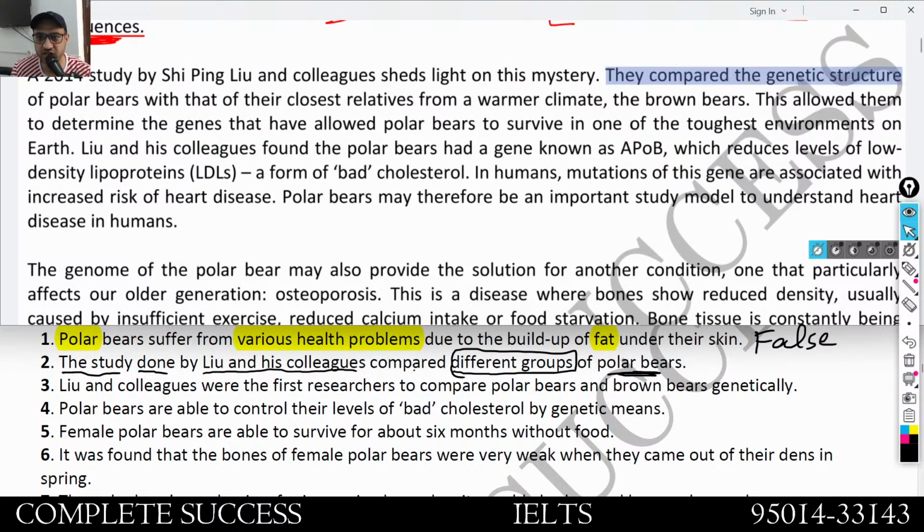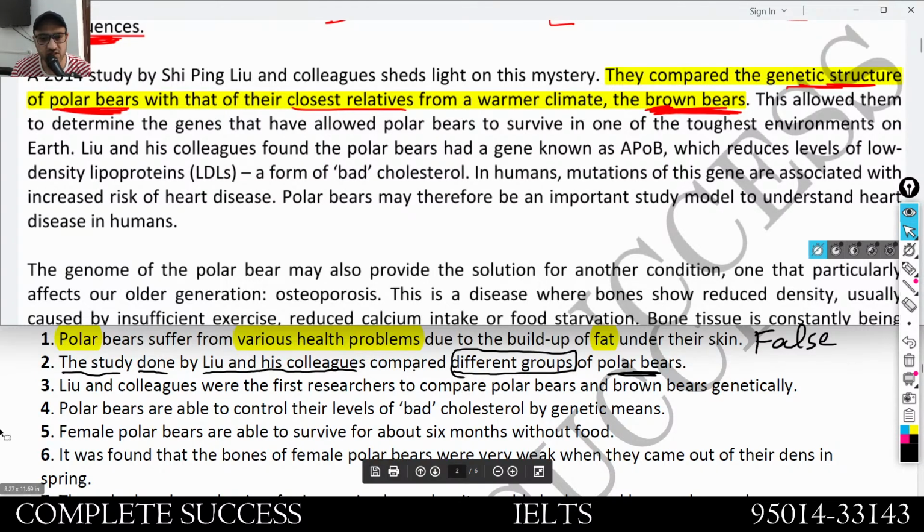They compared the genetic structure of polar bears with that of their closest relatives from a warmer climate, the brown bears. So they compared the genetic structure of polar bears with brown bears, their closest relatives.